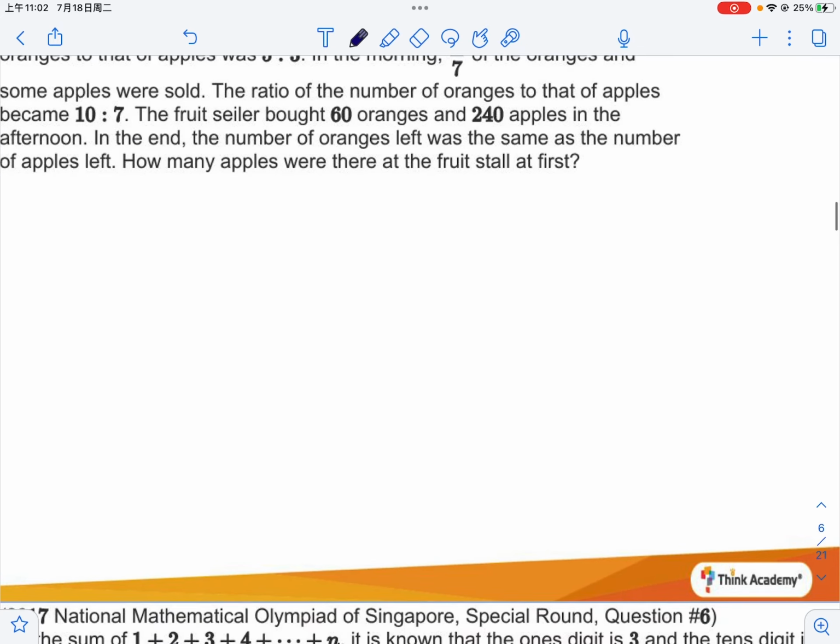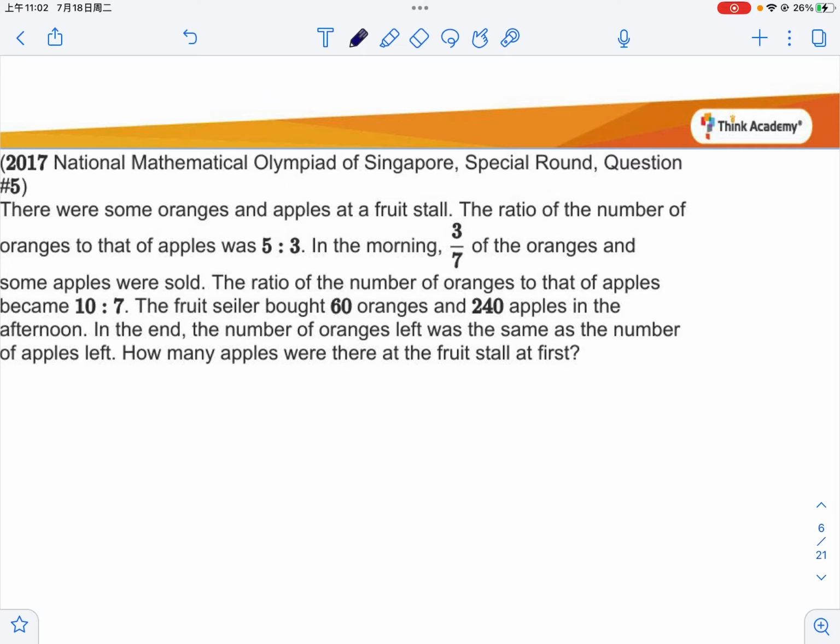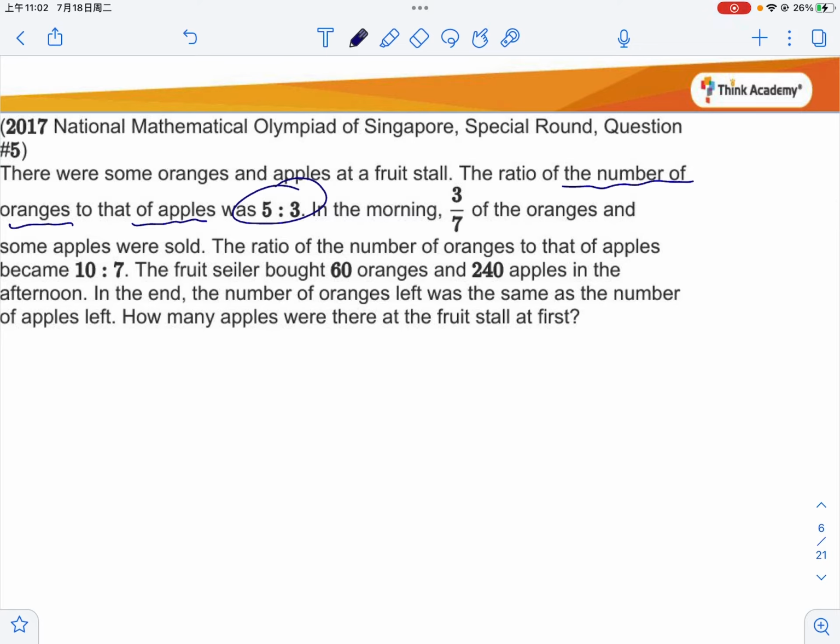Next, let's look at question 5. After reading the question, you should find the ratio of the number of oranges to that of apples was 5 to 3. So originally, O means oranges and A means apples, 5 to 3. And in the morning, 3/7 of the oranges and some apples were sold.